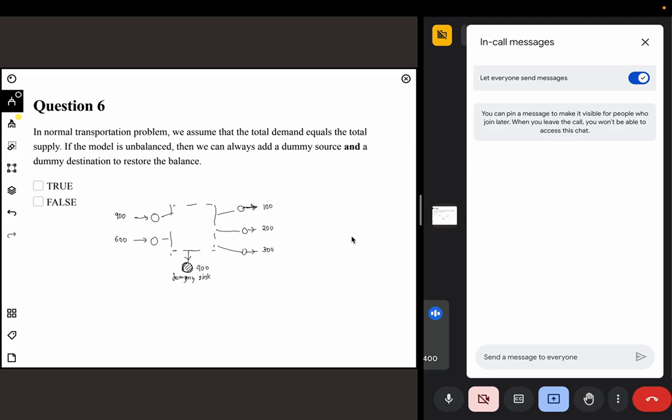So I can solve my equations correctly. So what this question says is, you need to add both a dummy source and a dummy destination. Do we need both, or is one sufficient? If the supply is greater than demand, then what you have to do is add a dummy destination.